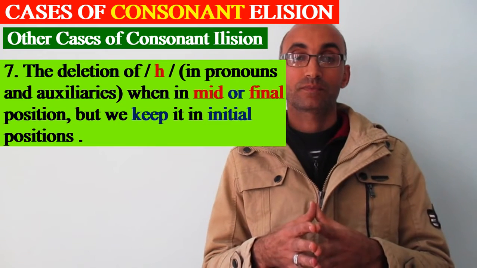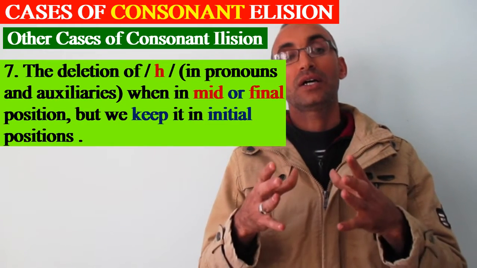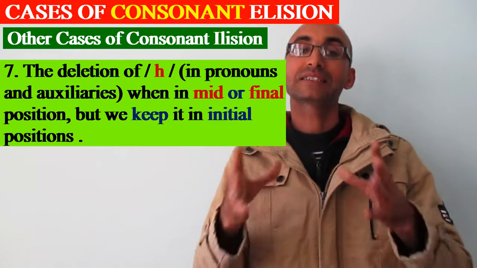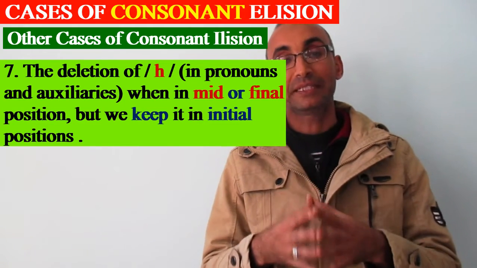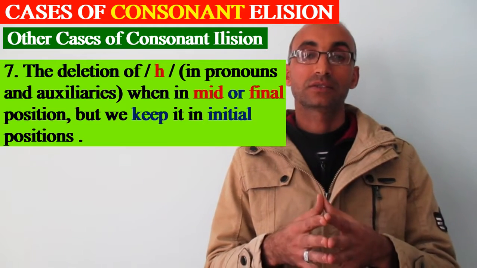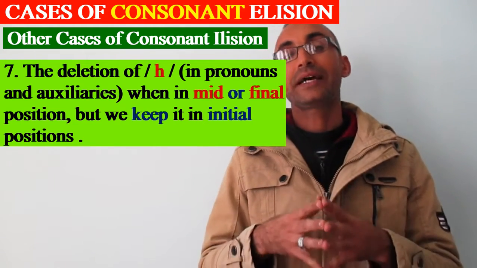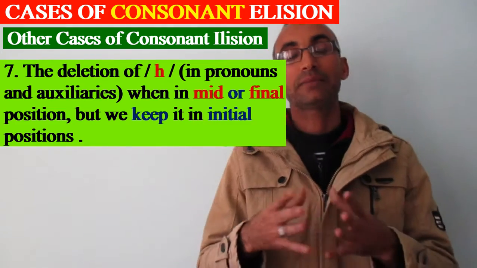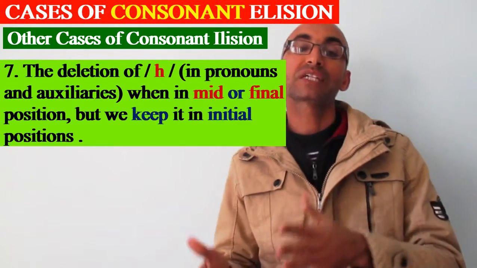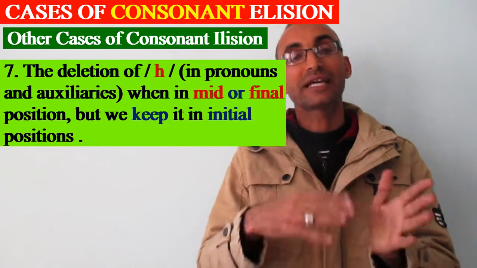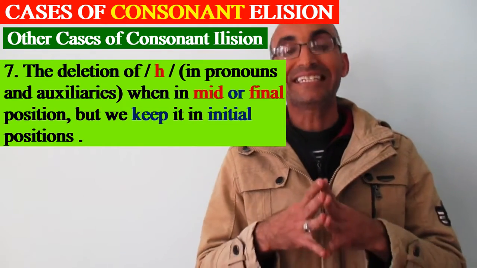But when this h comes at the beginning of the utterance of the sentence, we don't omit, we keep it. So I repeat, for the h of pronouns and the h of auxiliaries, like have, like him, like her, when it's at the beginning of a sentence, we don't omit it. But elsewhere, in the middle or the end, we delete it.